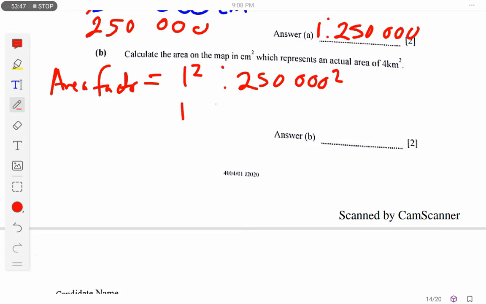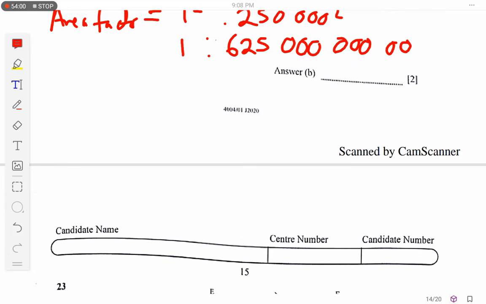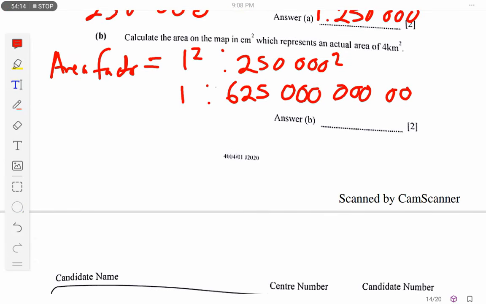If we square this value, we get a very big number. I'll just write it. I cannot say it, it's too big for me. So this is the area ratio there. Now when we have 4 kilometers there, these are the kilometers there, basically.